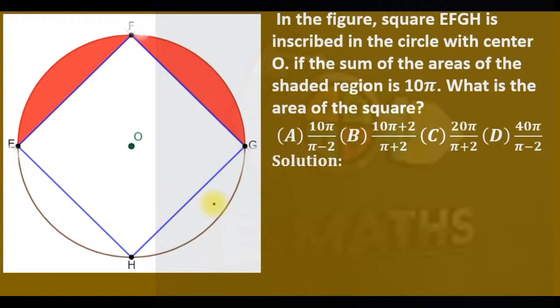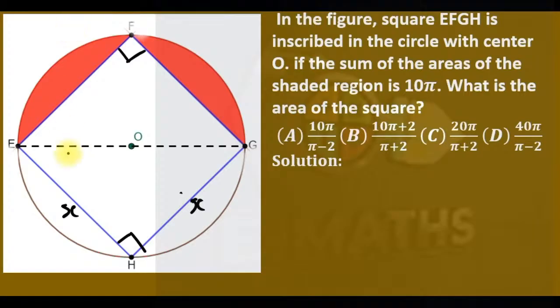From our basic geometry, in a square the sides are congruent, they are equal. So if we call the side length x, here x, this x, and this is a square, so each of these angles is 90. If you join E to G, we have the diameter.